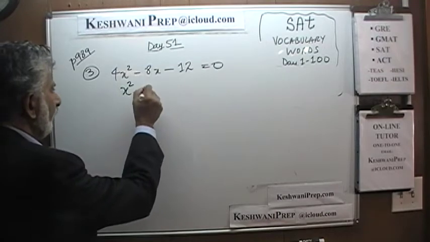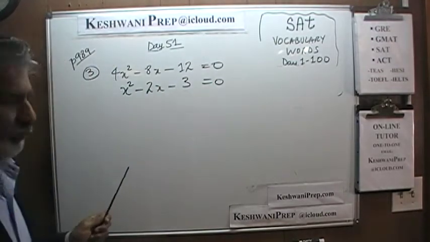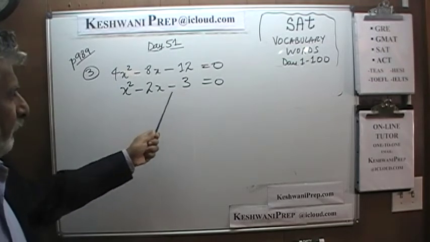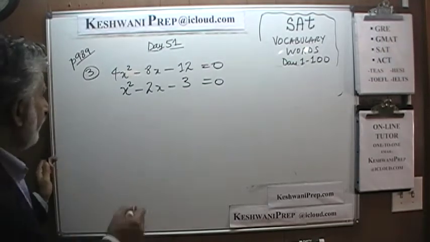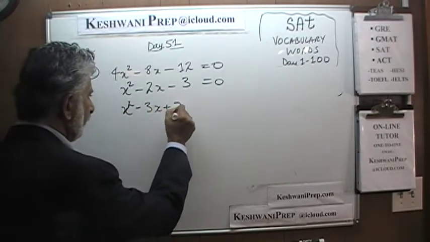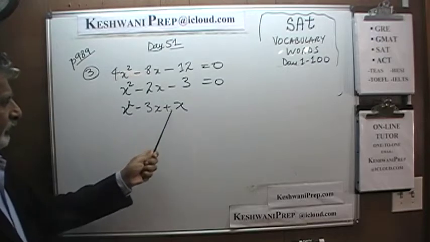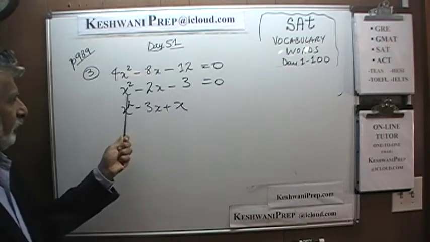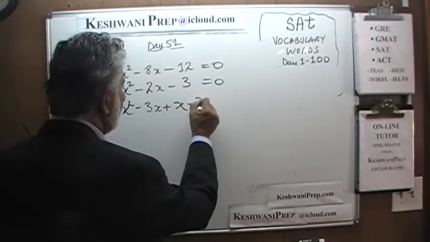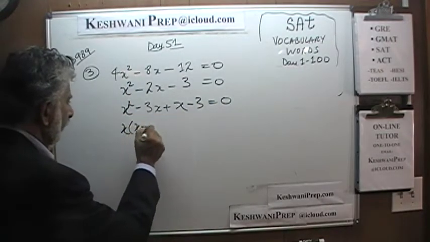It will become x squared minus 2x minus 3 is equal to 0. Now we're looking for two numbers so that they add up to -2 and their product is -3. That's going to be -3 and +1. A -3x and a +x will give us -2x, and -3x and a +x will give us -3x squared. Look at these two terms, we get a common factor of x.